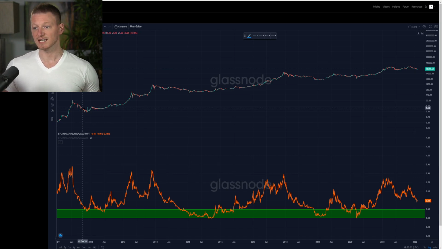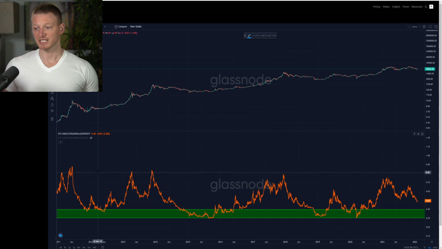And then during the times where we head into more bearish segments of the market, we head down to this level where we traditionally have been between a 0.4 and a 0.3 level. So in other words, as a ratio of the market cap, the coins that have been in profit have been between 30 and 40% of the total market cap.